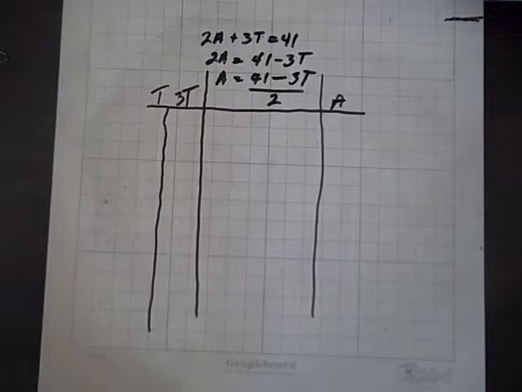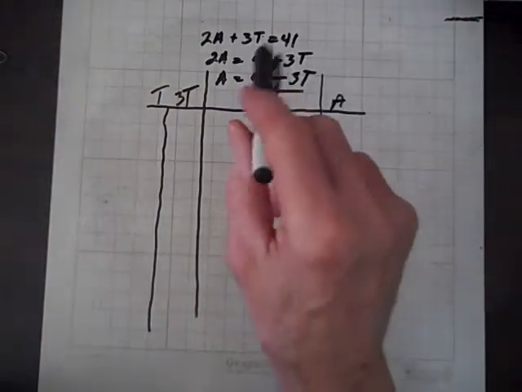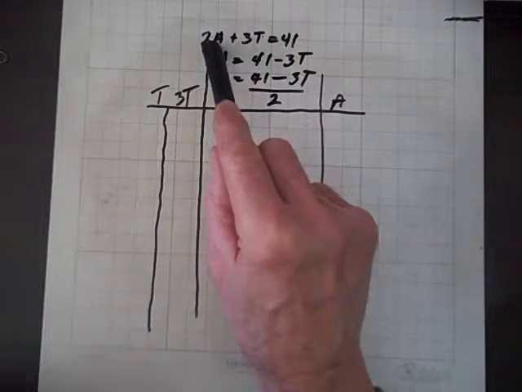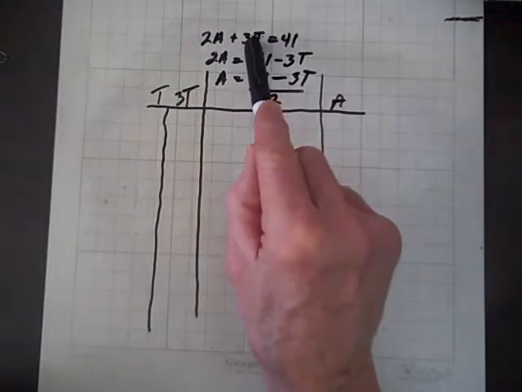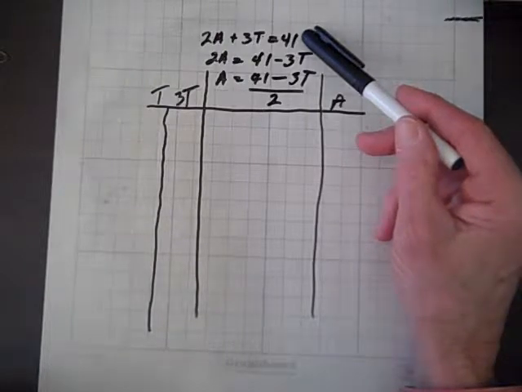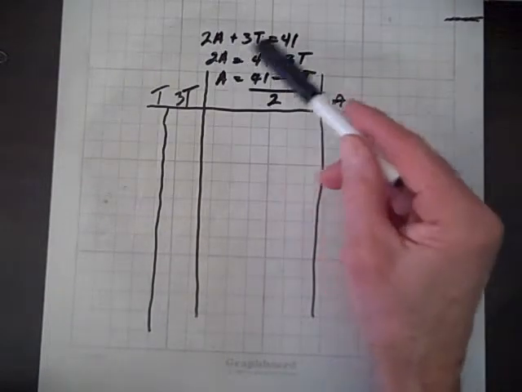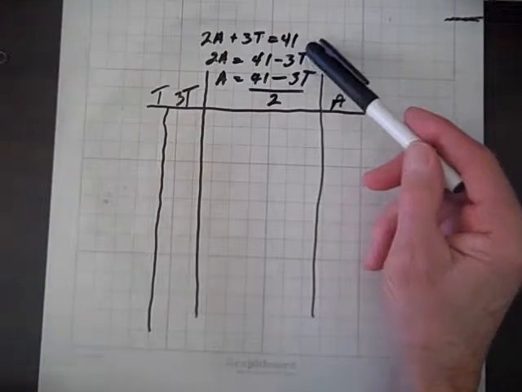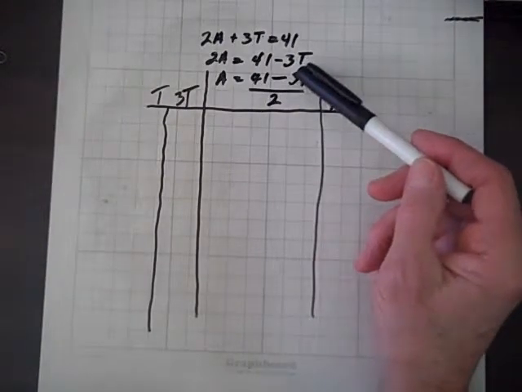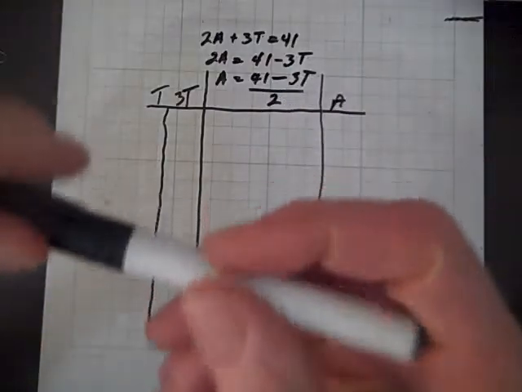Okay, well, consider this. We've got 2 counts for an automobile, 3 counts for a truck, and the total amount of counts is 41 in this hour. So isolating 2A, we have 41 minus 3t, and isolating A, we have that quantity, 41 minus 3t, divided by 2.